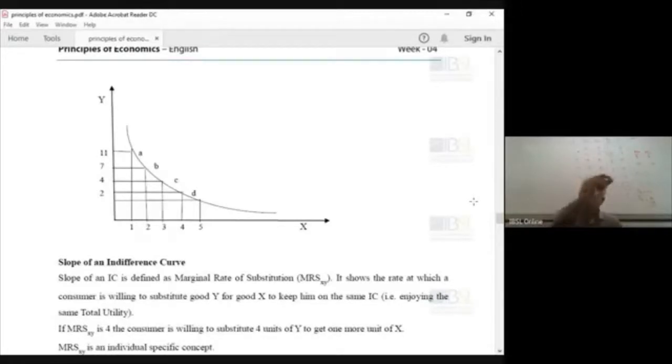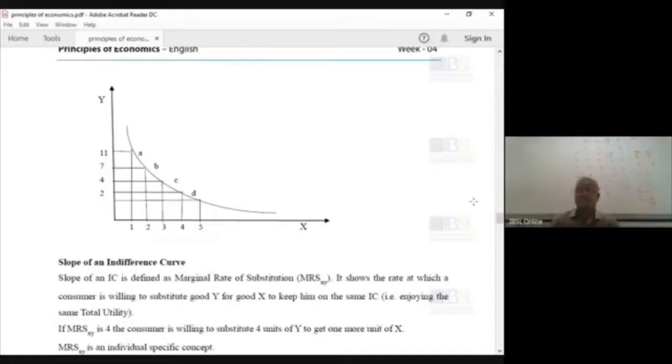When you move along this curve from A to E, your willingness to substitute good Y for good X diminishes. MRS diminishes along the indifference curve. The slope of an indifference curve diminishes along an indifference curve.